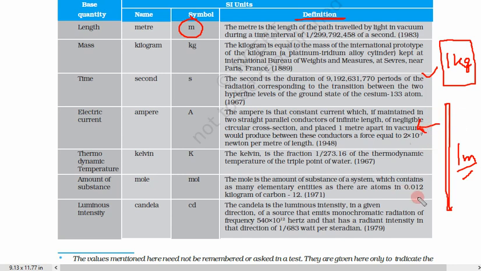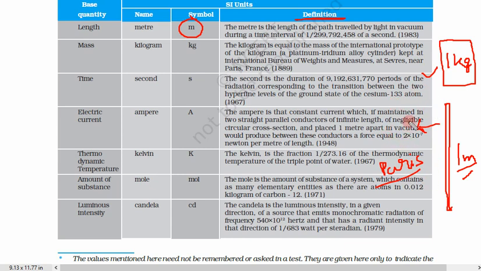But the problem with these international standards: the international standards were in Paris for kilogram and for meter, similarly for others as well. But the problem with these standards is, suppose these are kept in a museum and there is an earthquake, so these standards will be destroyed.